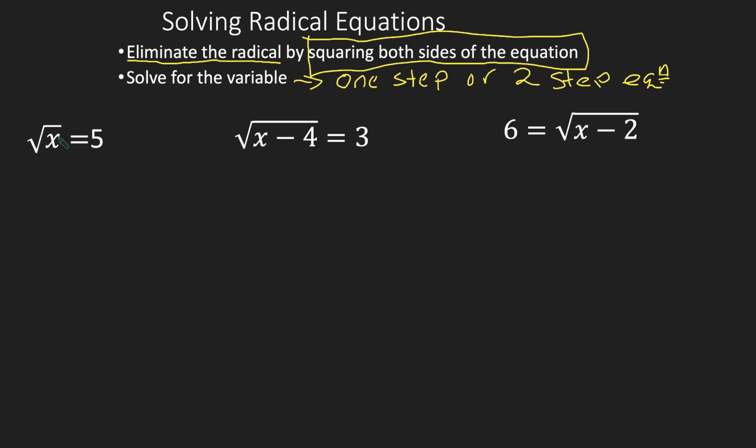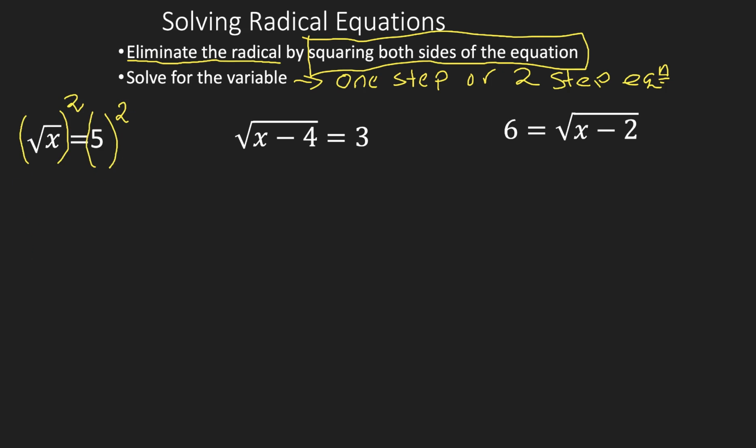I have the square root of x equals 5. Now in order to solve for the x, I need to get rid of this radical or square root symbol. So remember, my rule says I'm going to have to square both sides. So there's my square, and then over here I'm going to square again.